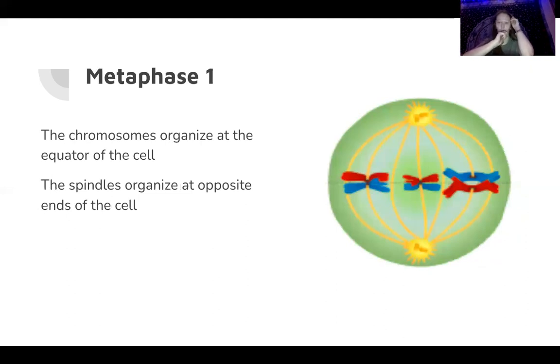Metaphase 1, all the chromosomes line up in the middle, and the spindly fibers that are formed at the tops are forming, and they all line up in the middle of the cell.